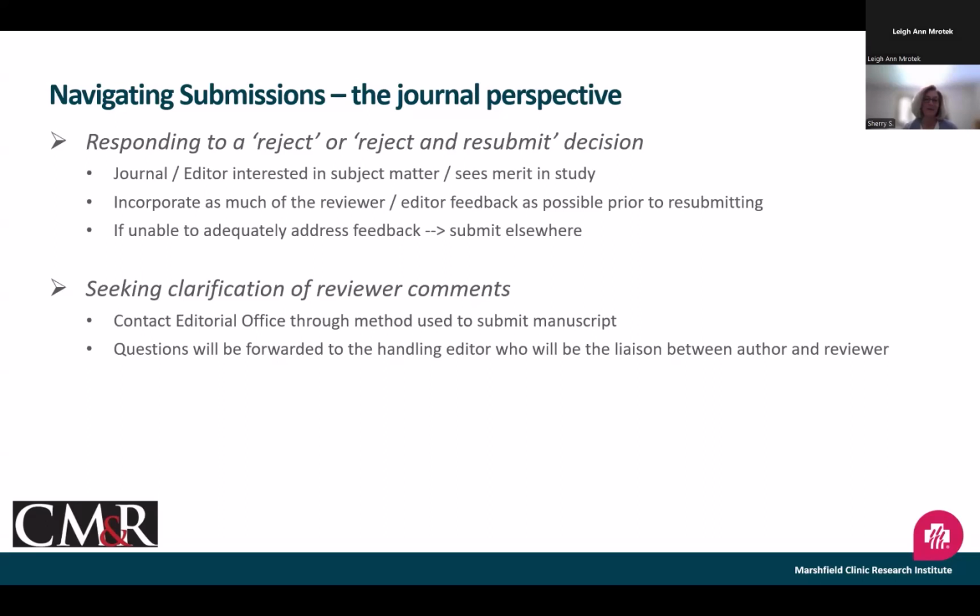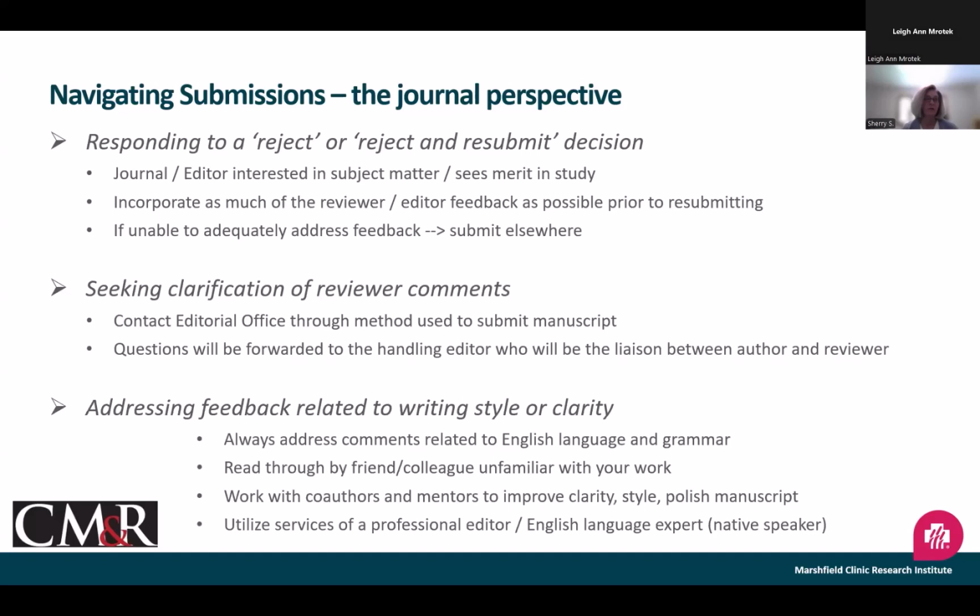The last thing I was going to mention was that if you get questions or comments about your writing or your language usage, do you need to address those? Well, obviously, yes, you do. If your editors and reviewers cannot understand your study because of the language gaps in it, if you're not a native English speaker, please enlist the help of someone who is to help you write your paper.